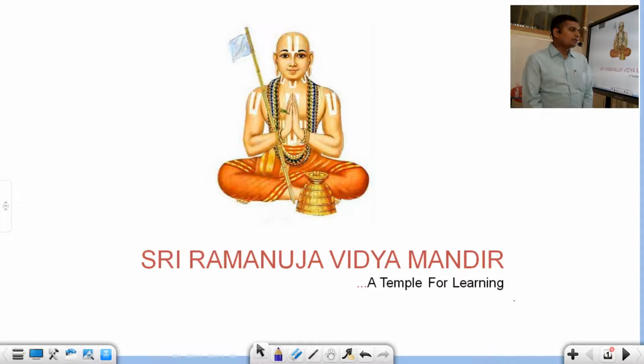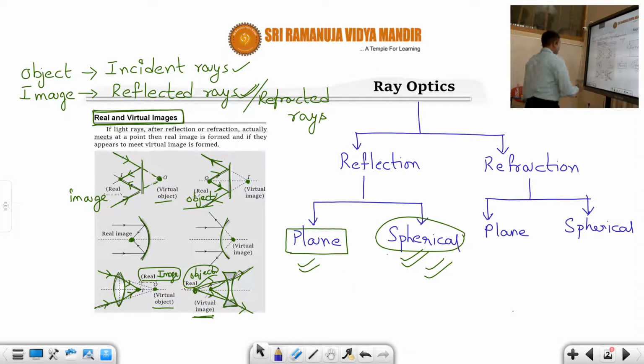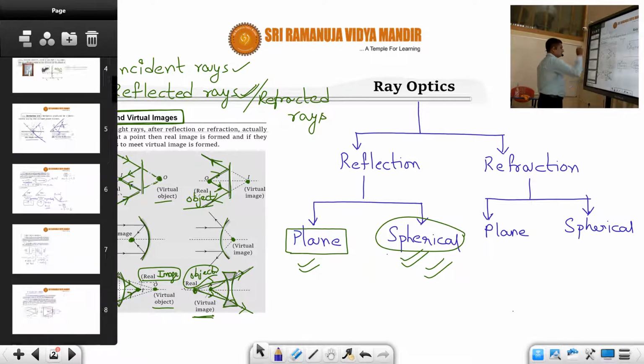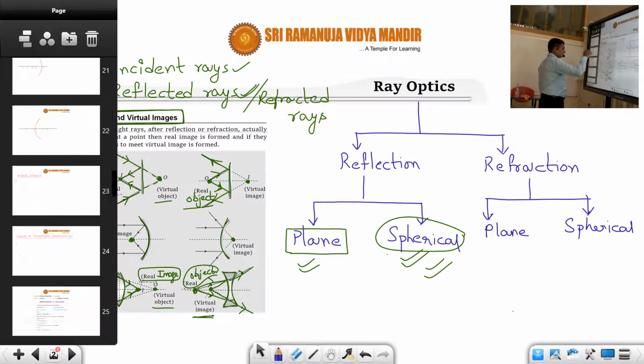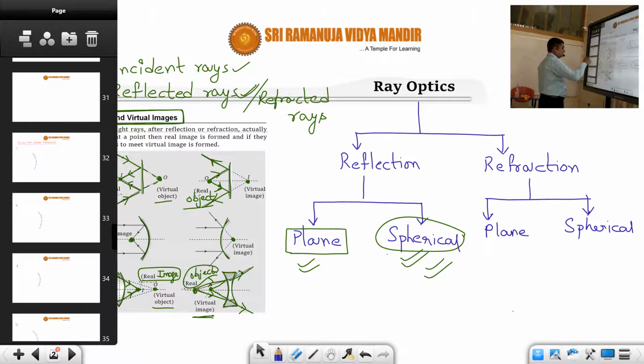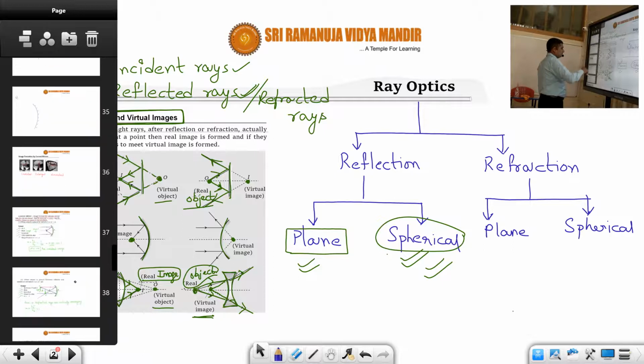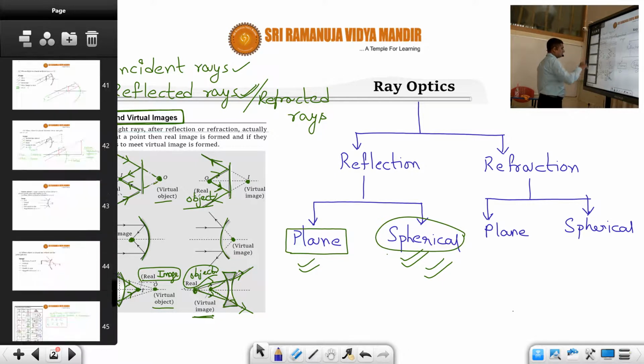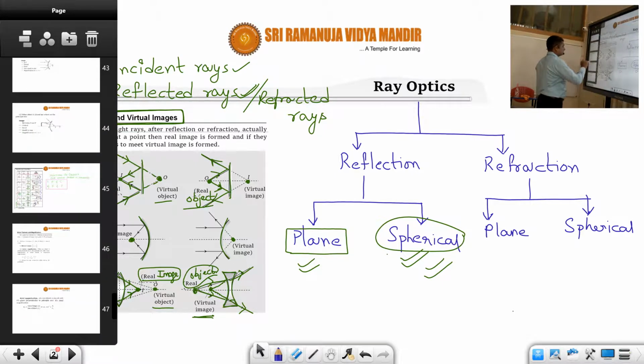Okay, students. So now in today's session we are going to see the properties of the image formed by the convex mirror. Similar to the concave mirror, in the convex mirror also we have cases, that is, positions of the object.